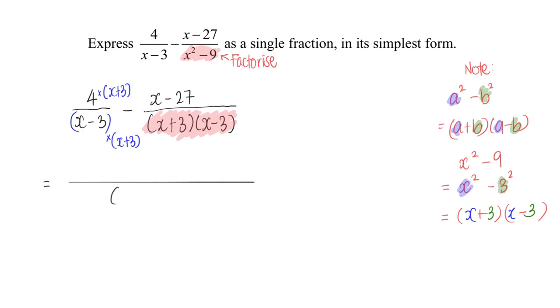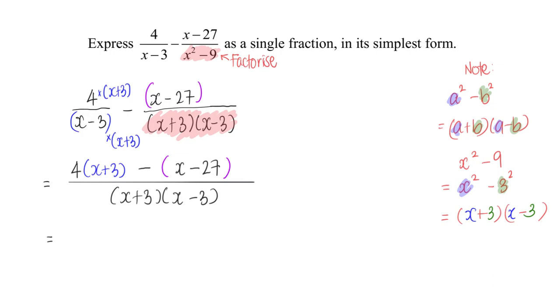because the denominator will be x plus 3, x minus 3, and at this point, do take note that Mr. Tan does not expand or simplify first. Rather, Mr. Tan writes everything neatly in a single fraction first.